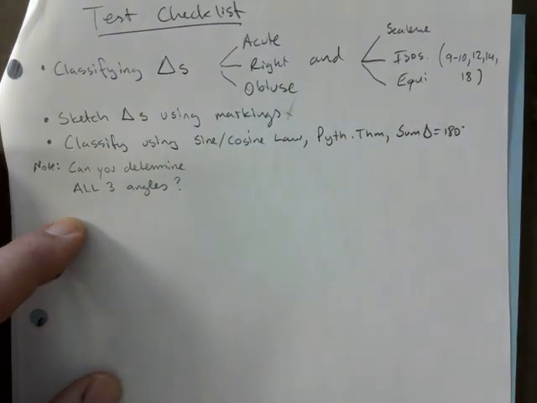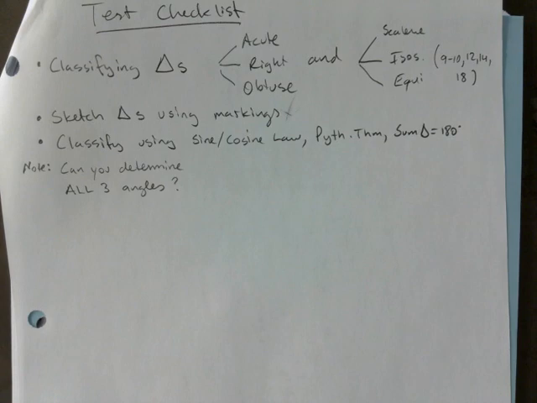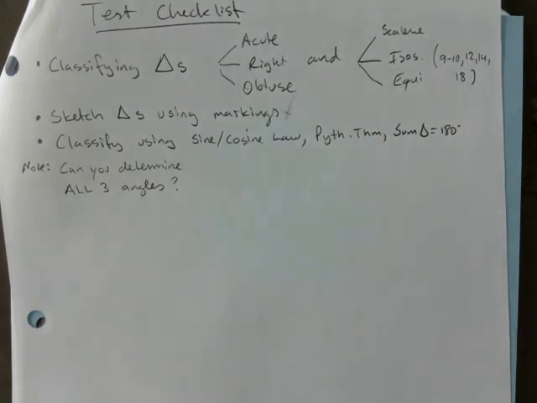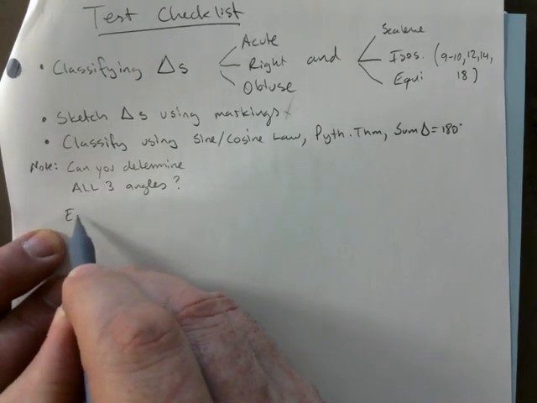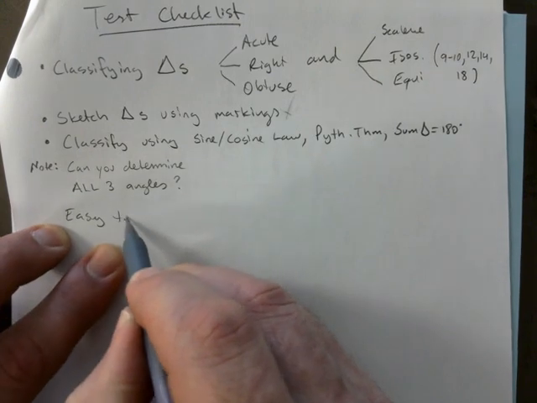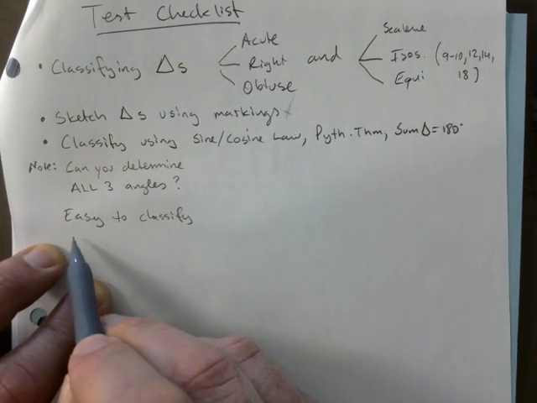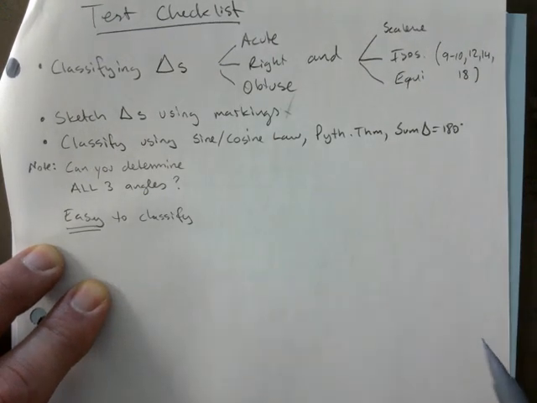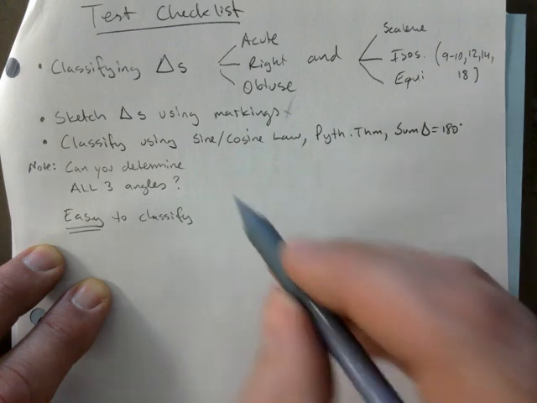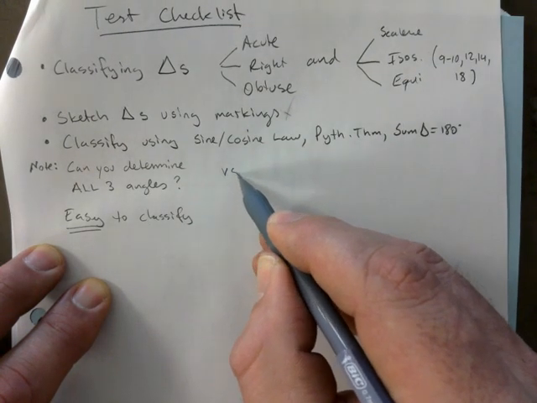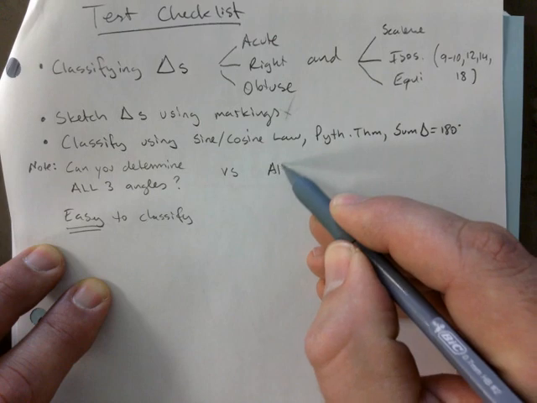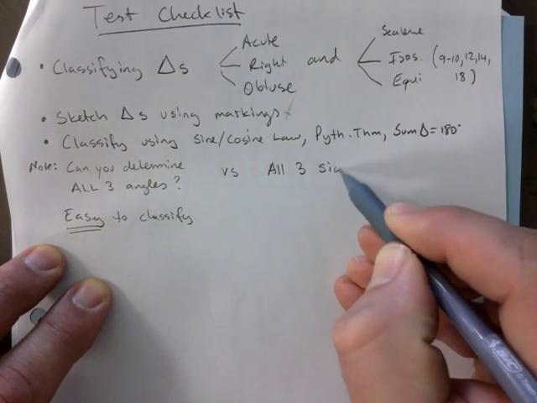Like, is there a way that you can possibly find all three angles just like that, just by either looking at it or using the sum of triangles equal to 180, right? This should be easy to classify. That's the easiest scenario. That's the one you're hoping for. Versus all three sides given.